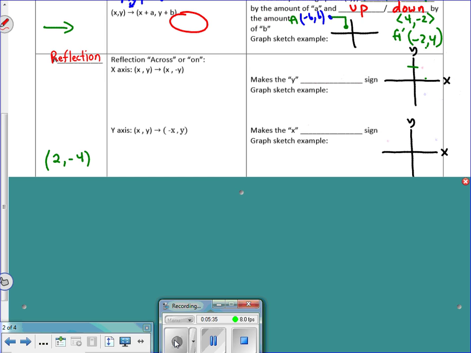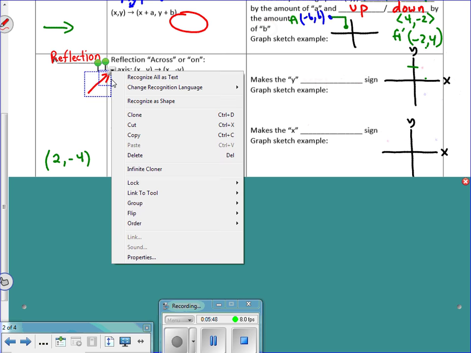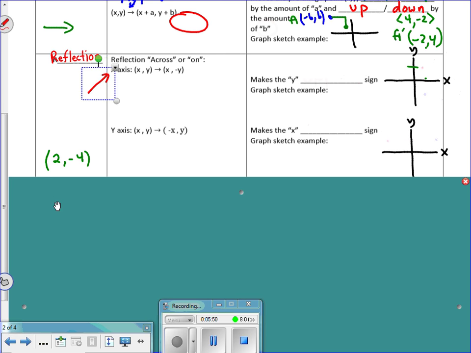Okay, next up is the transformation called reflection. And so we're going to be reflecting points and pictures and stuff across different lines. In this case, this very first one, we're going to reflect it across the line known as the x-axis.